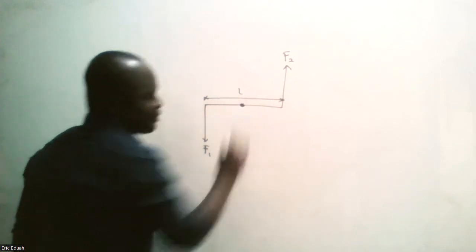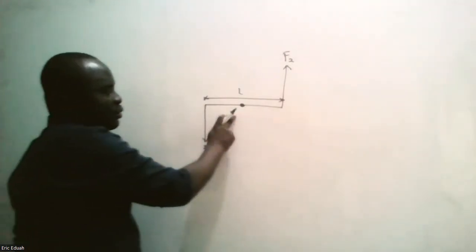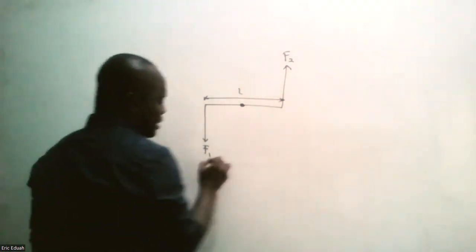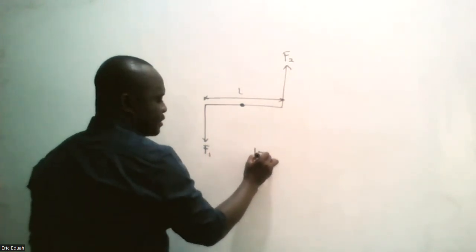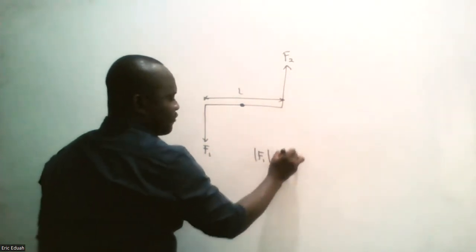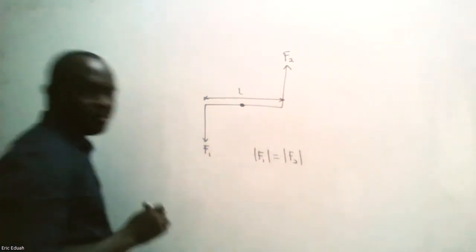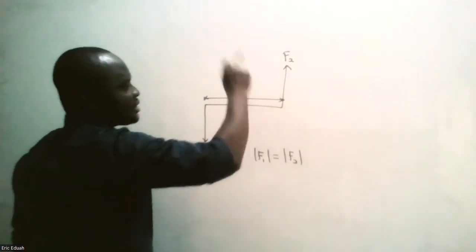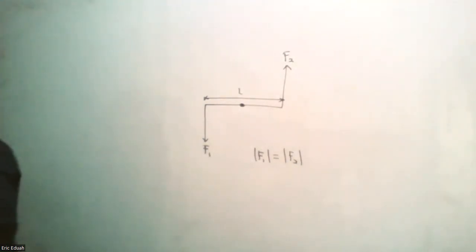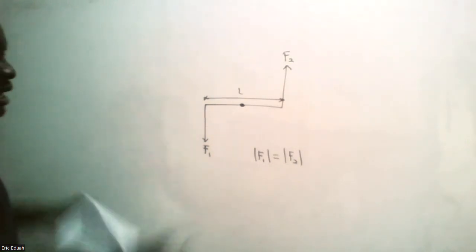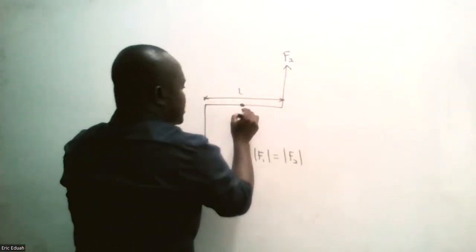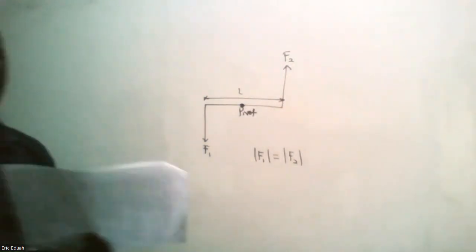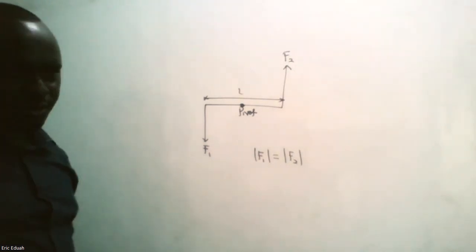So this is the pivot, the point around which the effect takes place. Now, the magnitude of F1 equals the magnitude of F2, but the direction of F1 and the direction of F2 are opposite. An arrangement of this sort is what we are describing as a couple.